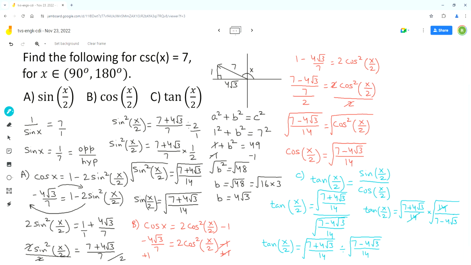So we are left with the result, so this can be the final answer for part C.